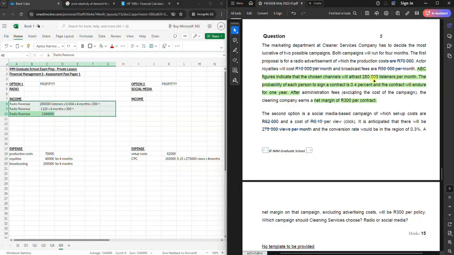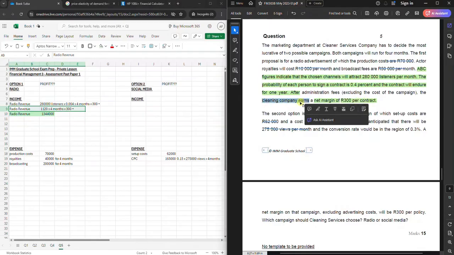So if you've got 280,000 listeners, less than 0.5% are going to sign up for this contract, for cleaning. Agreed. And we can see that it's 1,120 people per month, on average, as an estimate, based on their probability.